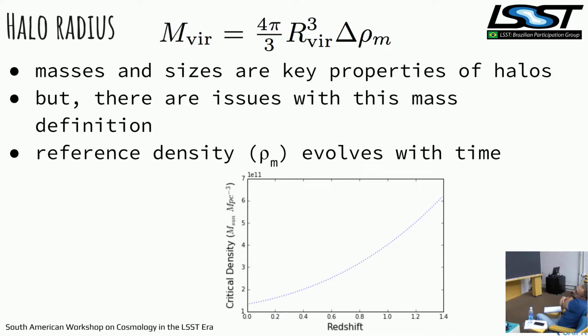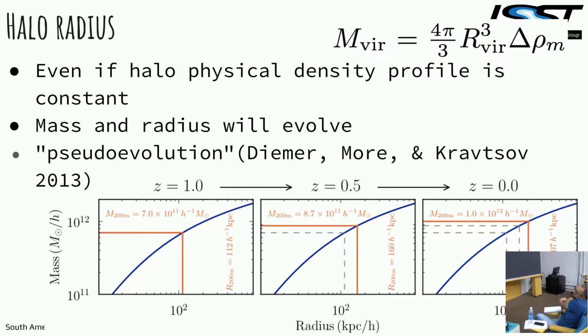And what this gives you is a sort of pseudo evolution. If you start with a given mass and radius at a redshift, since your reference critical density is changing, it will change the mass and size of your cluster, giving you a sense that there was some sort of evolution or mass accretion when there was not, and will mislead you.